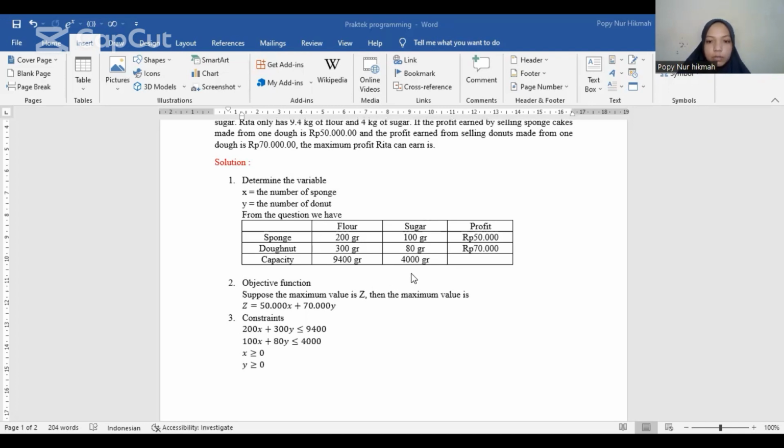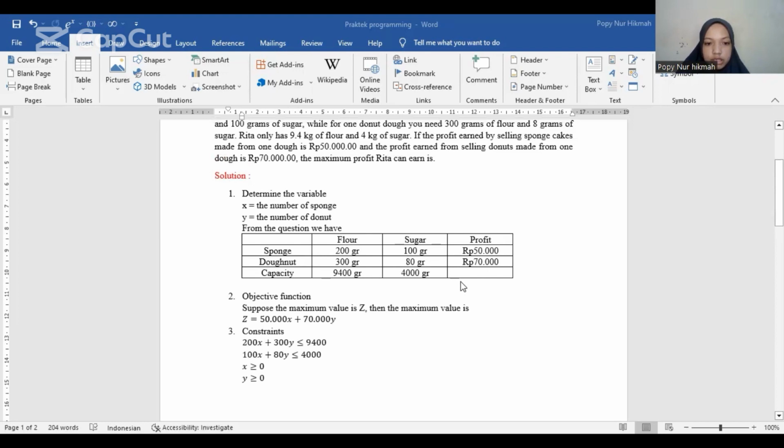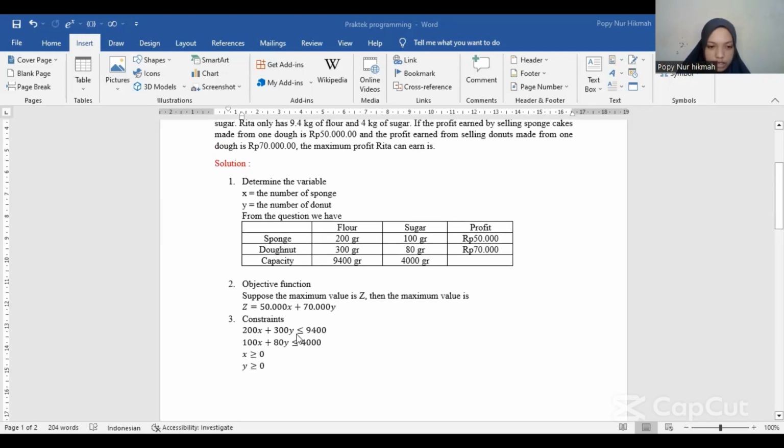This is from the profit that can be earned by selling the sponge and donut. And we have the constraints: 200x plus 300y is less than or equal to 9,400, and 100x plus 80y is less than or equal to 4,000. x is greater than 0 and y is greater than 0.